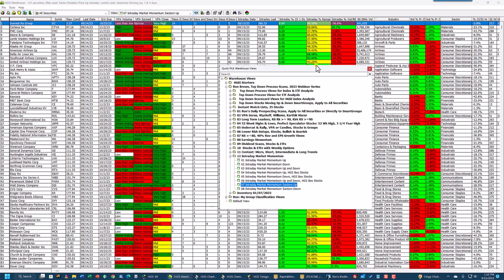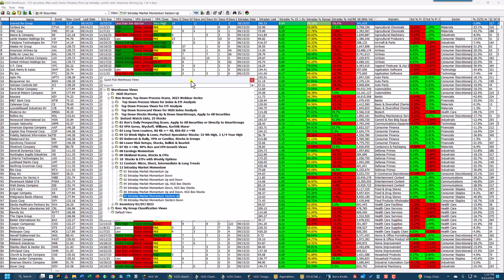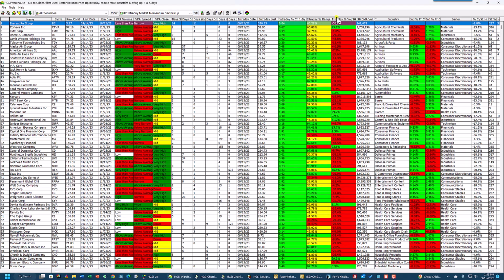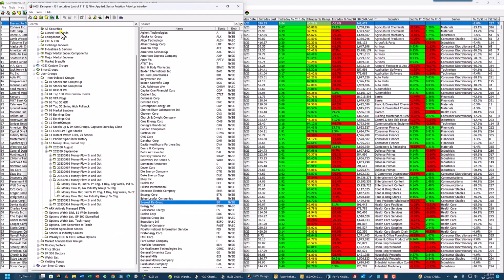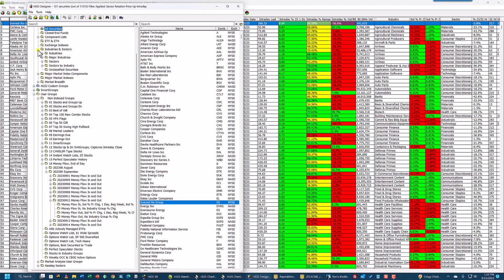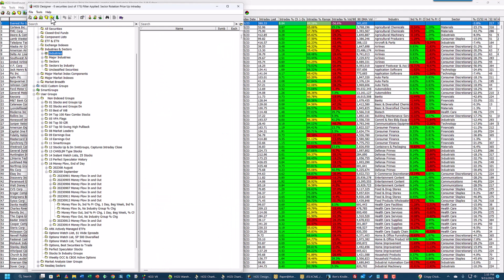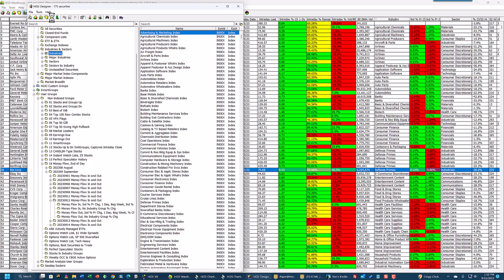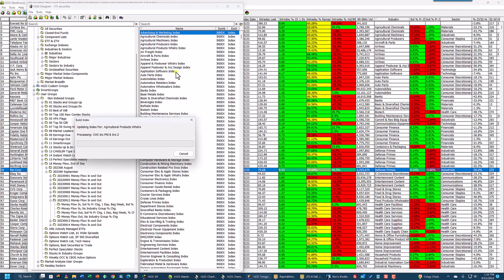Now, if I go to the sectors up, I'm going to do a resort here. First of all, I want to go into my industries and sectors, take the filter off, and then rebuild these groups by going to the Tools menu, rebuild indexes and groups, and I'm rebuilding the industry groups.